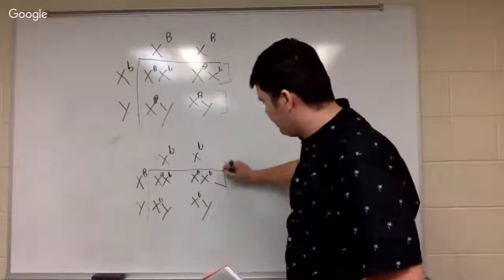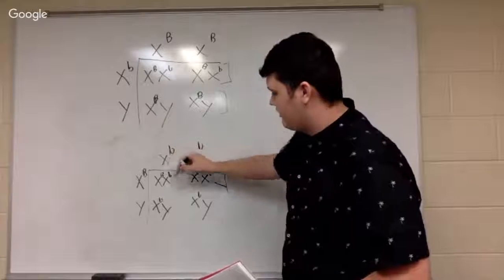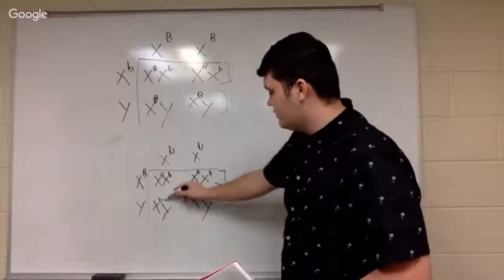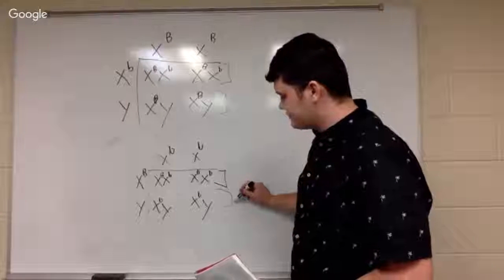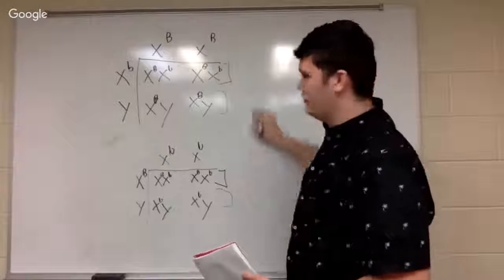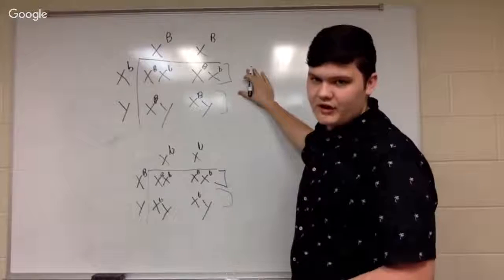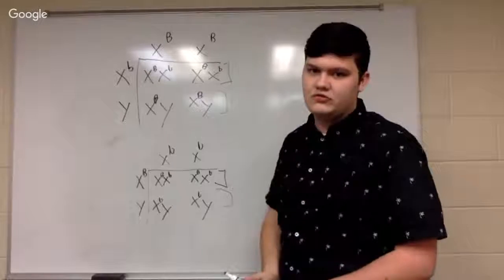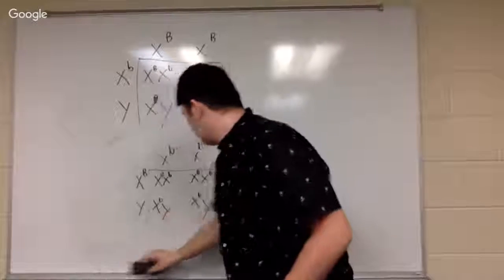The phenotype for the females is they're going to be normal because they each have a big B. And all the males are going to be mutant because they have little b's. So we have different phenotypes for the two reciprocal crosses, and that's indicative of an X-linked trait.